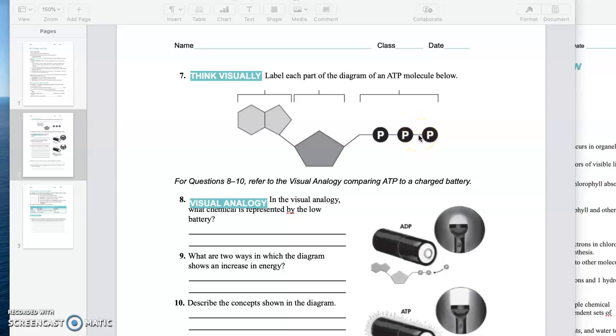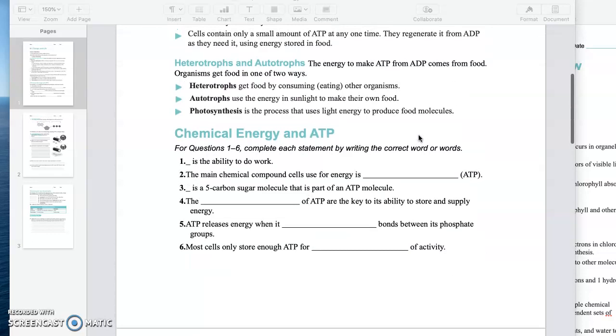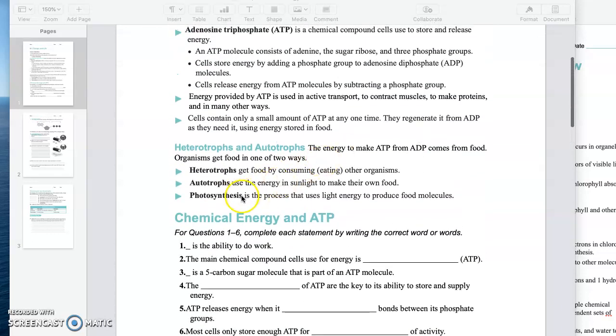And the reason why we're talking about ATP is because ATP is going to be used in photosynthesis to create sugar. So the question that a lot of people ask me is, well, if plants just need ATP as an energy source, why make sugar? Why not just make a bunch of ATP?